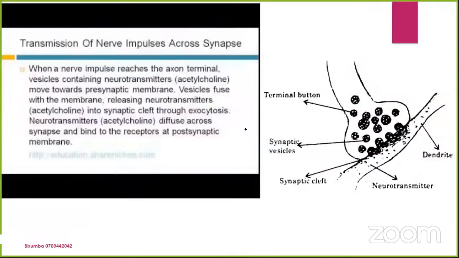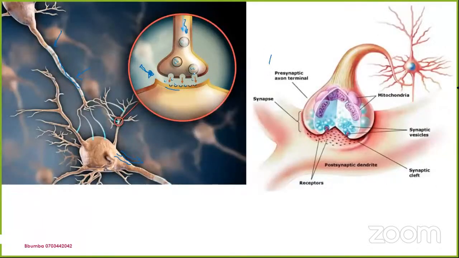Let me use this picture. When an impulse arrives at the axon terminal, first of all, there are channels here. These axons can be many, like here, 1, 2, 3, 4, and 5, but this picture is only zooming into one.